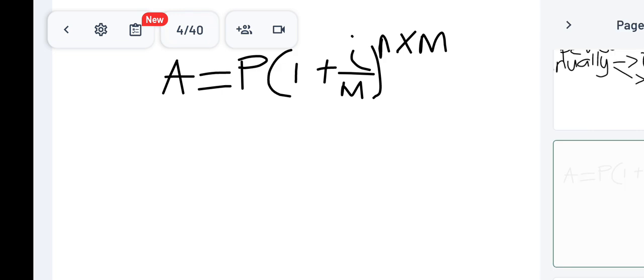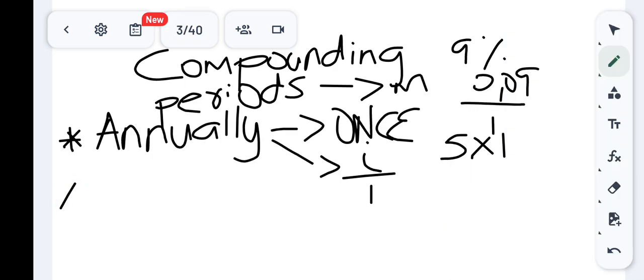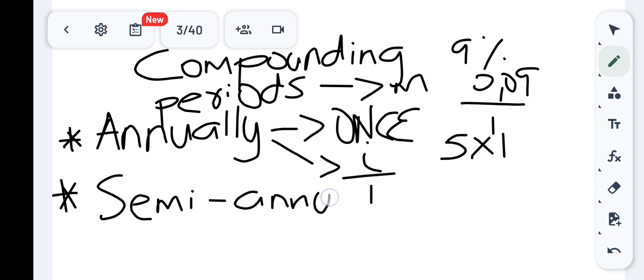But what if we've got semi-annually, compounded semi-annually, or they can say annually, or they can say, instead of semi-annually, half yearly. Semi-annually or half yearly means twice per year, so this is 2.